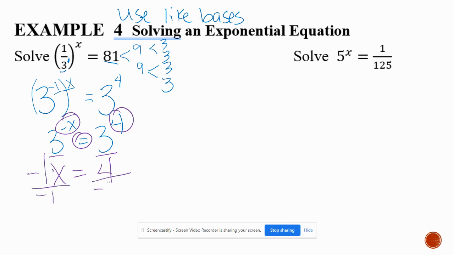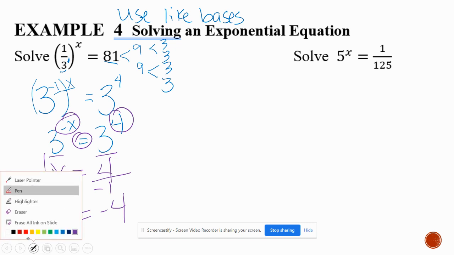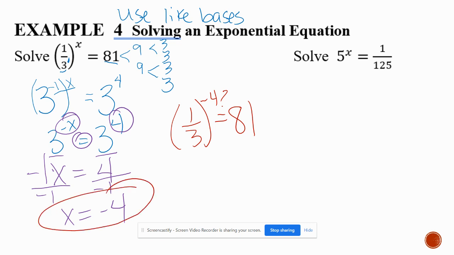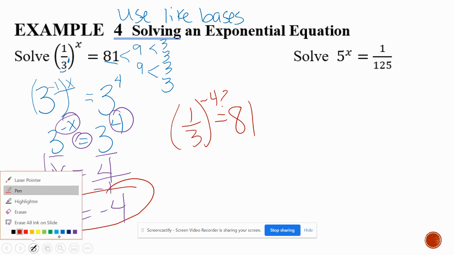The opposite is dividing by negative 1 on both sides. And we get x is negative 4. Remember, you can test that by plopping that in a calculator and say 1/3 to the negative 4th power. And do you get 81? And in fact, you do. And so x equals negative 4 is a good answer.